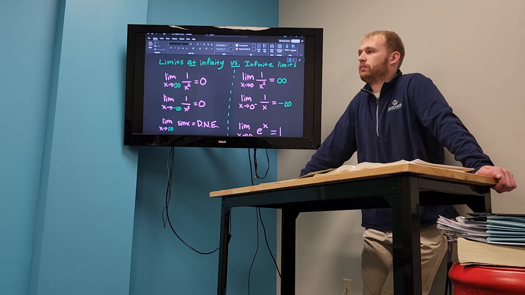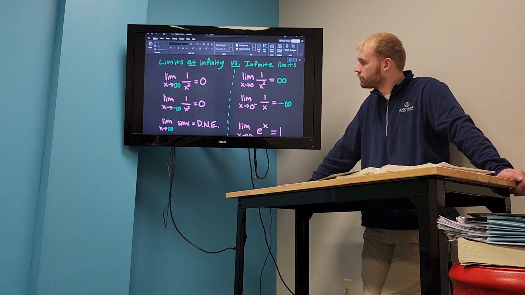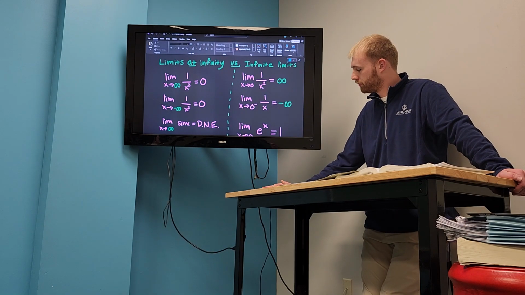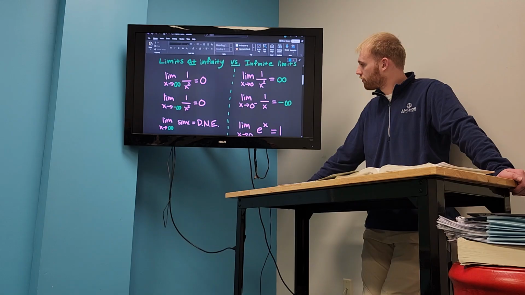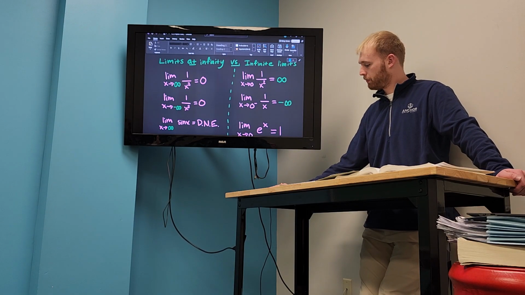Just for the first one. Sure. Is the bottom right supposed to be 1/x squared, or is it supposed to be 1/x? 1/x. Okay. Yep.